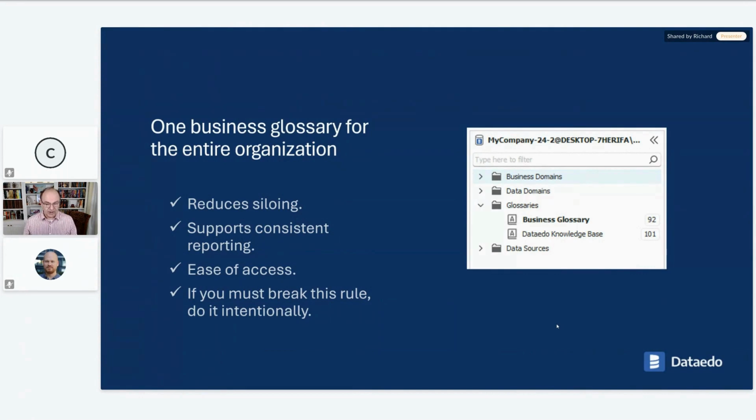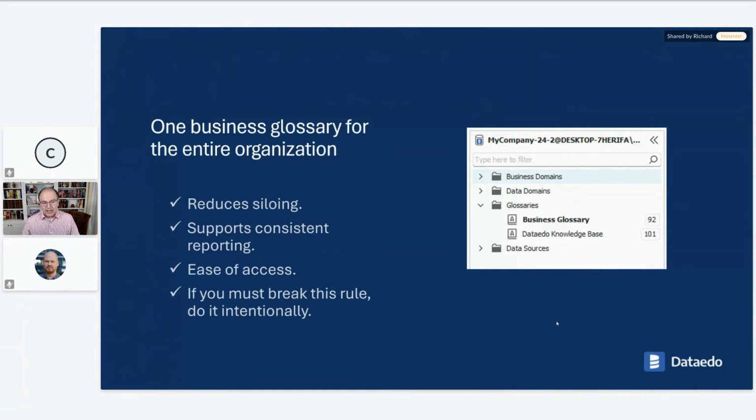If you have multiple glossaries, then you are encouraging siloing. You are making it hard for people to apply consistency across the business. So the idea of a single business glossary is very desirable.